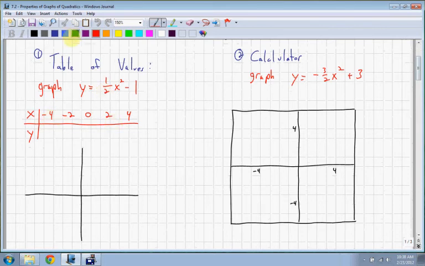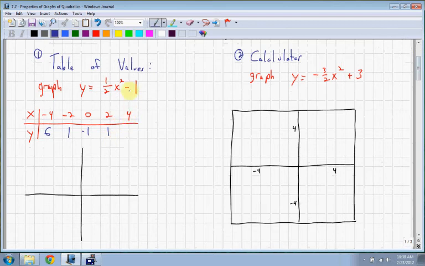So for the first one, you plug a -4 in. -4 squared is 16, positive 16, divided by 2, 8. 8 minus 1 is 6. The next one I have is -2 squared is 4, positive 4 divided by 2 is 2, minus 1 is 1. 0 times that is 0, minus 1 is -1. 2 squared is going to be 4 again, divided by 2 is 2, minus 1 is 1.